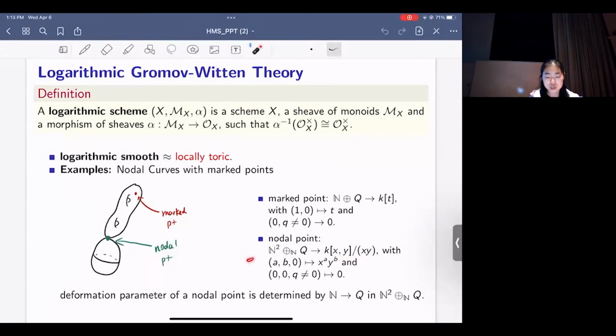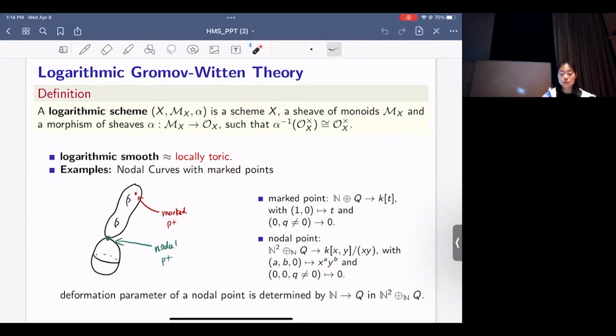So the log structure basically remembers something of this order, something associated to x^a minus times y^b. I always think of the log structure of this nodal curve as something that remembers something related to the ambient space that the curve lies in.